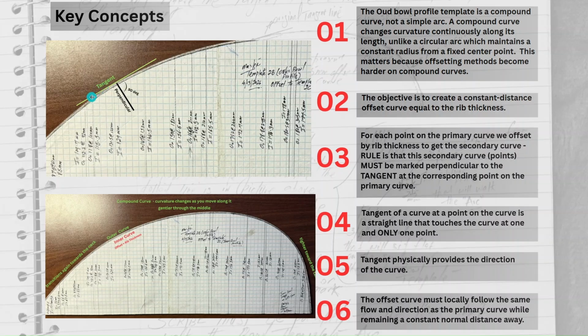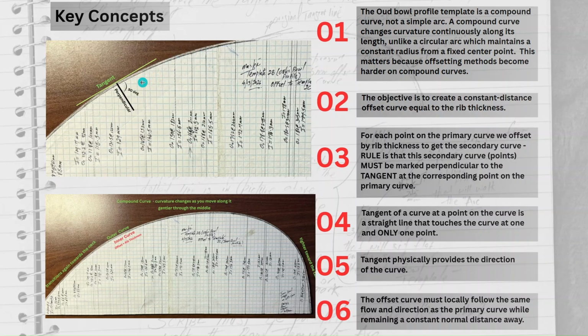So if I move this tangent along the primary curve, and at each of the local points I draw a perpendicular, and on that perpendicular I measure 2.5 millimeter and mark a dimple or a point, and then join those points, that would give me my secondary curve. So that's the simplistic view of how you're going to go about getting that secondary curve.